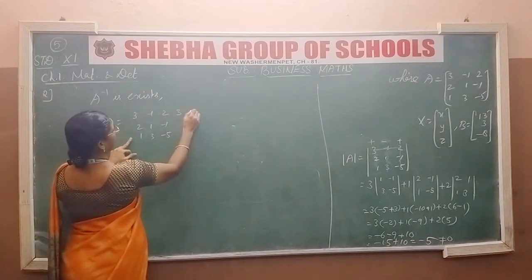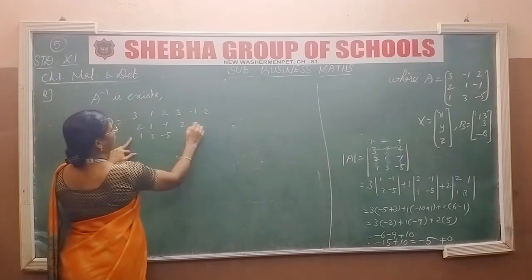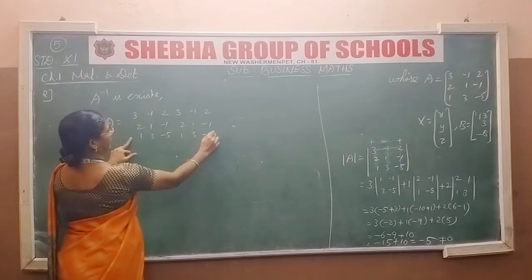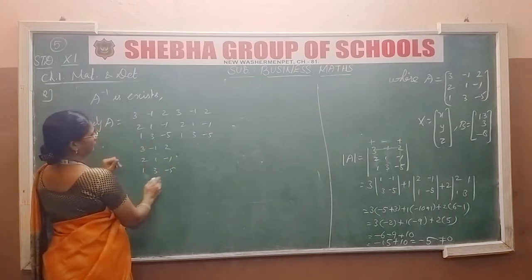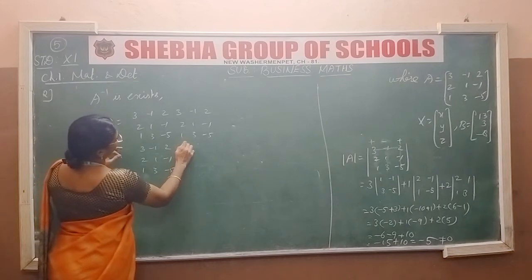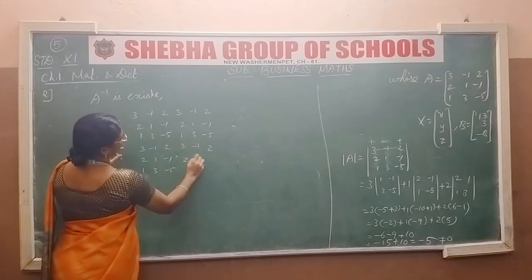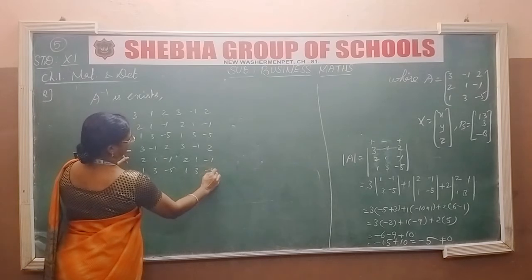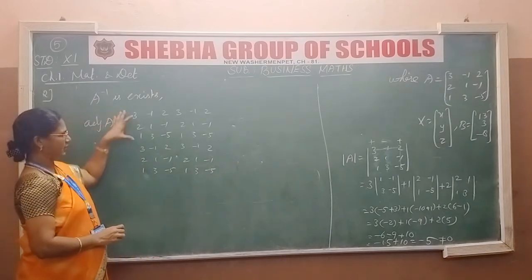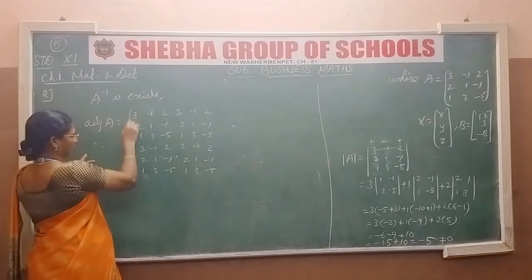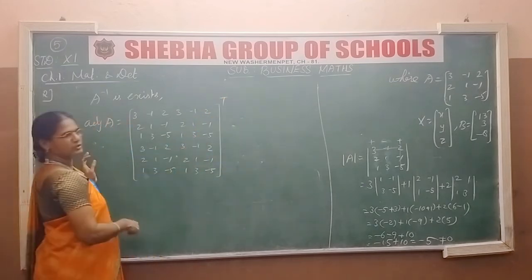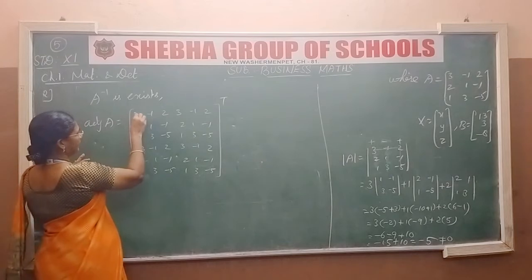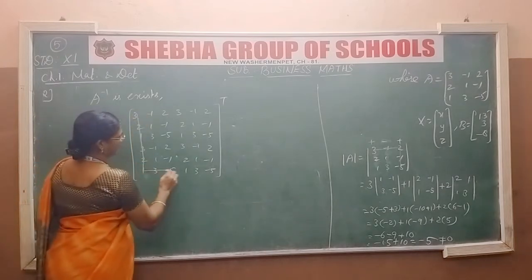Again here 3 minus 1 2, 2 1 minus 1, 1 3 minus 5. Similarly here, and the fourth time as well. Take it 4 times like this. It is an easy one. Okay, and its transpose is our adjoint A, and leave the corner element.